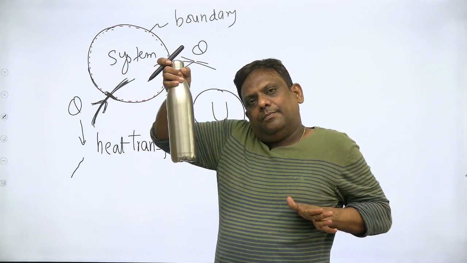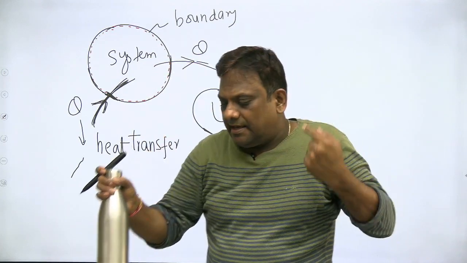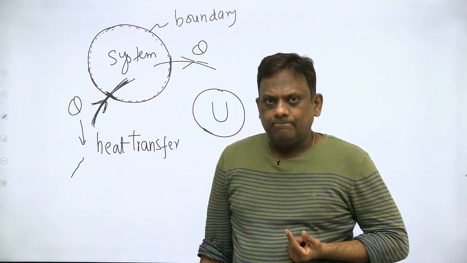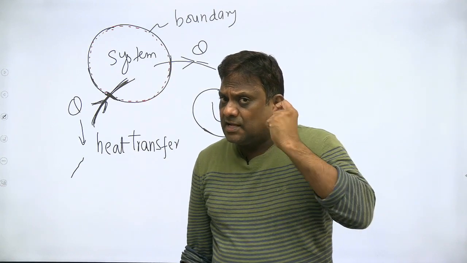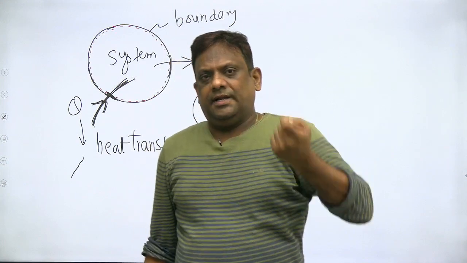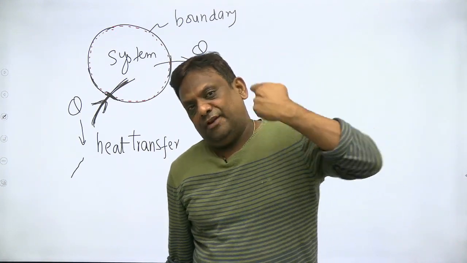Once you stop supplying, whatever is stored inside, we call it internal energy. Means the word heat transfer is used only when it crosses the boundary. That's why heat transfer is a boundary phenomenon.